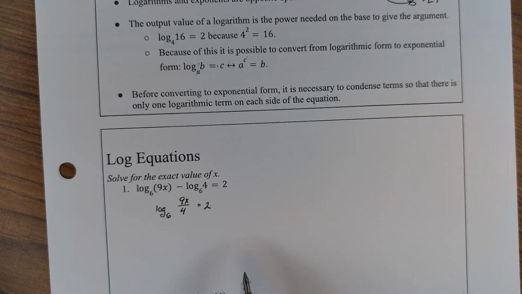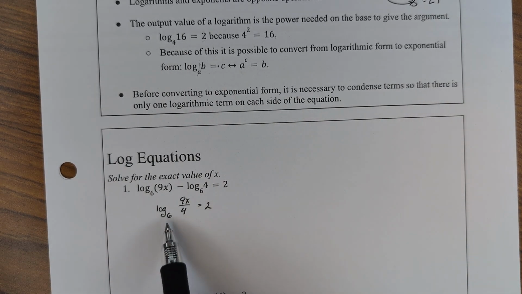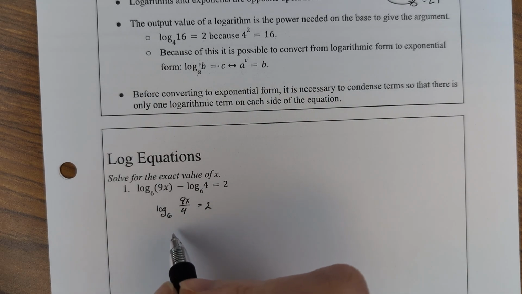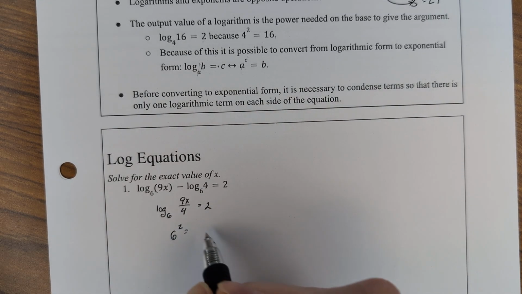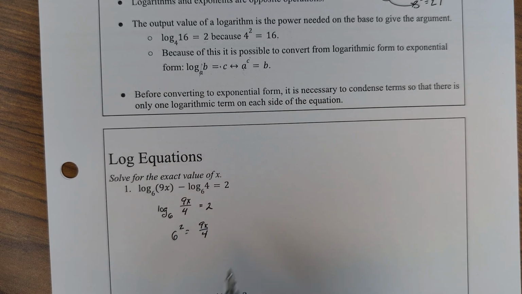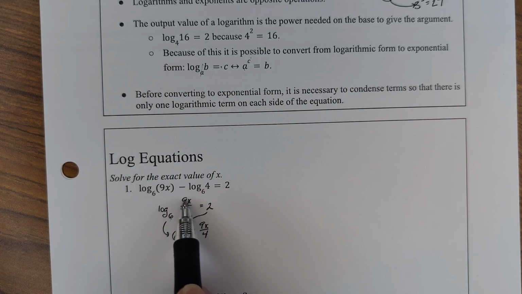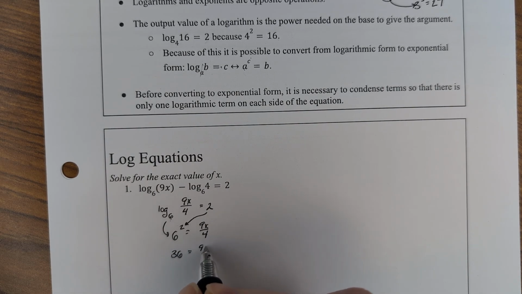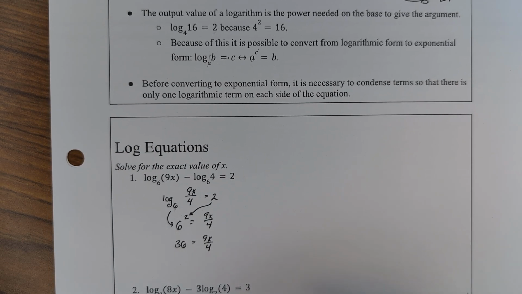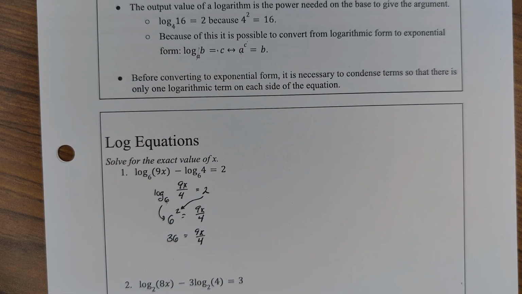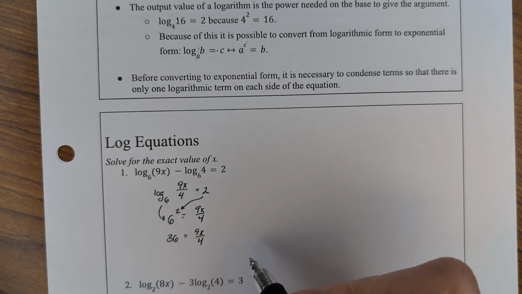Now we're going to convert to exponential form. So a to the c, so 6 squared equals b, 9x over 4. The number here is my base, that becomes my exponent, and the argument moves out. I can work out what 6 squared is. That's 36. So 36 equals 9x over 4. To solve, I would multiply both sides by 4.